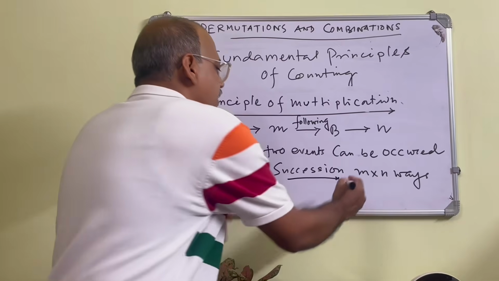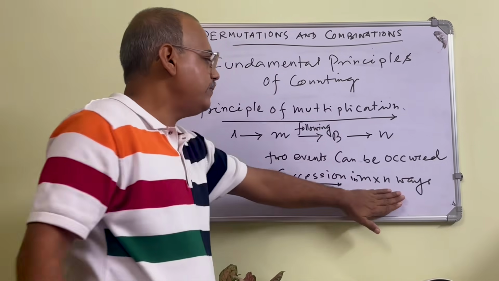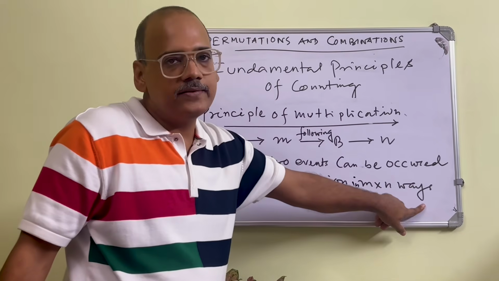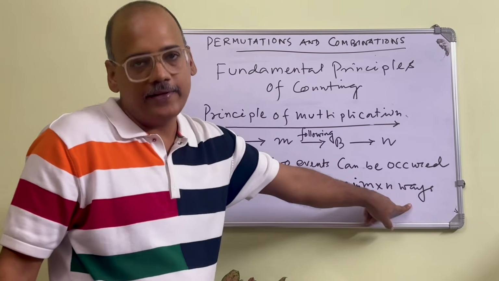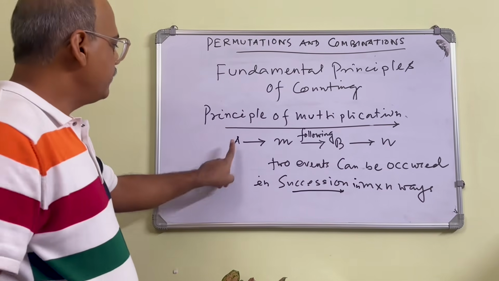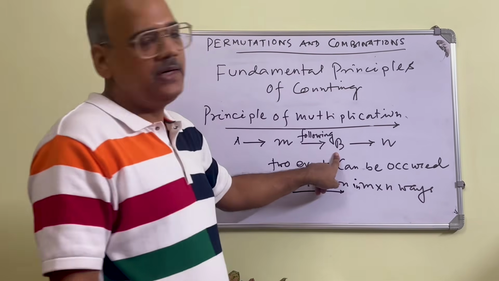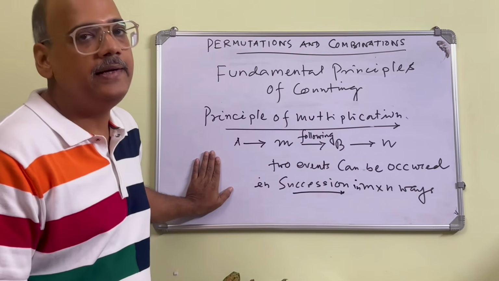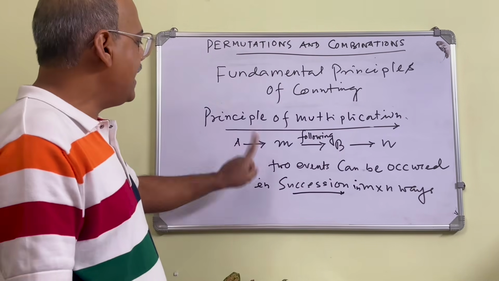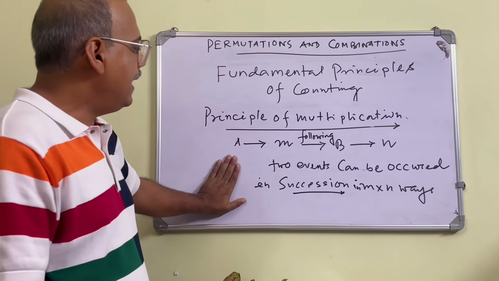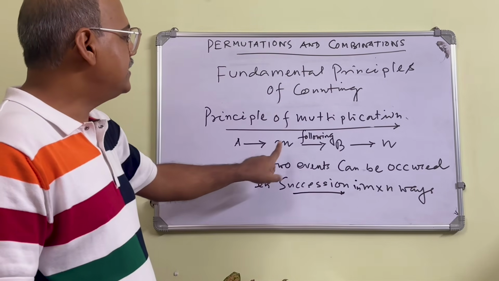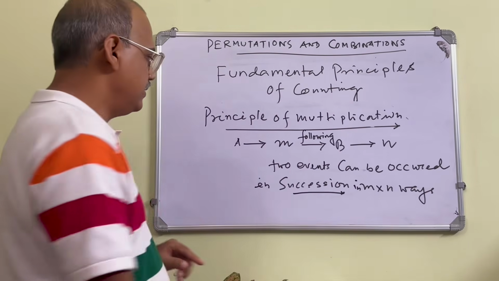In M times N, M cross N ways. And here A and B are independent events. And as I said, here this is an AND conjunction.